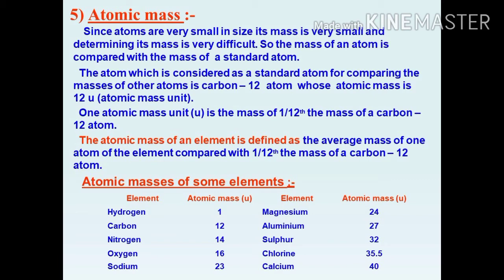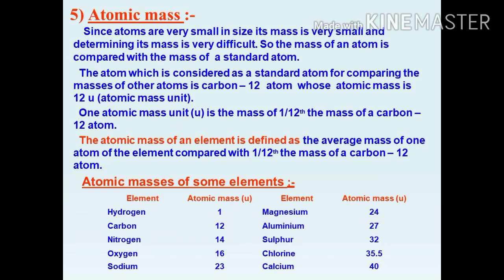Then how do you calculate atomic mass? Now you know some of the atomic masses of elements: hydrogen 1, carbon 12, etc. Here how do you calculate the atomic mass? The sum of the numbers of protons and neutrons in the nucleus is called the mass number.